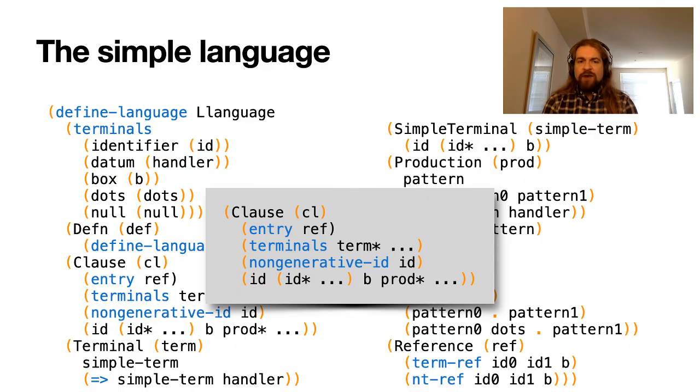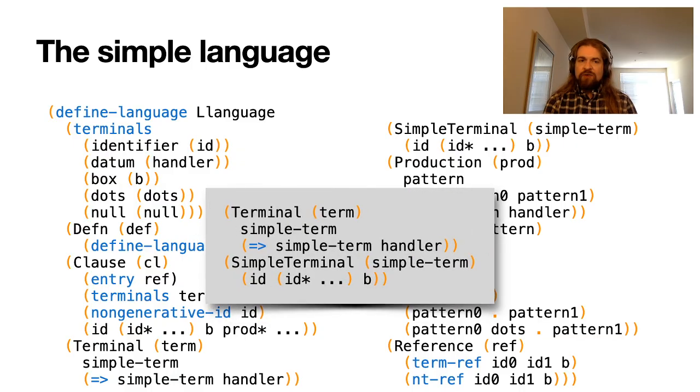And then we also have our non-terminal production here. ID is the name, ID star is the list of meta variables, B is the box that points back to this record actually, and then prod star is our list of productions. Of course, within our terminals list, we also have our terminals. A terminal is one of these non-terminals that has a non-terminal subtype in it.